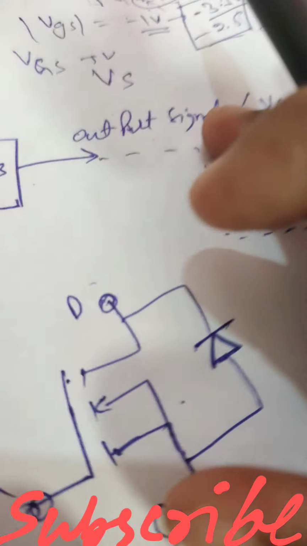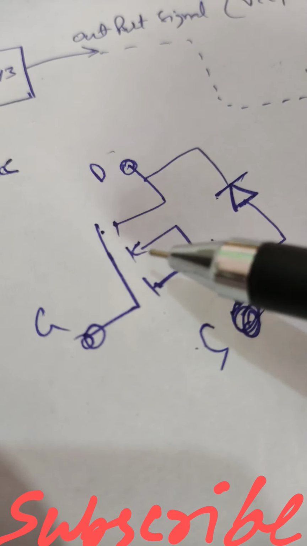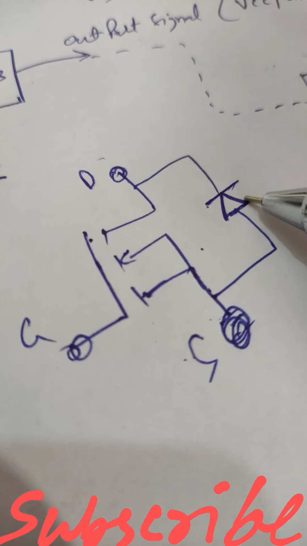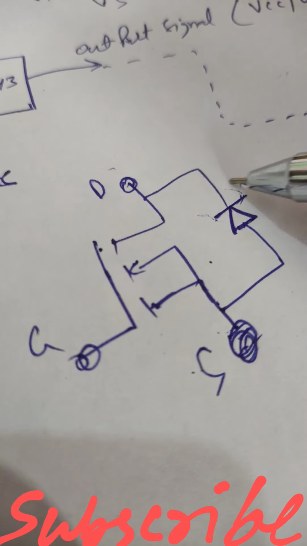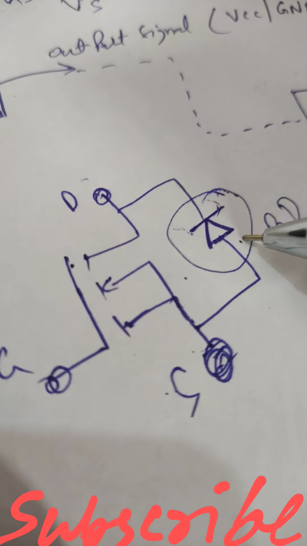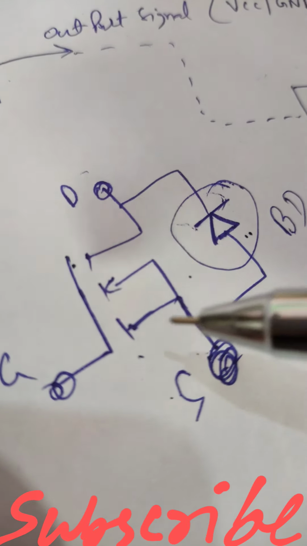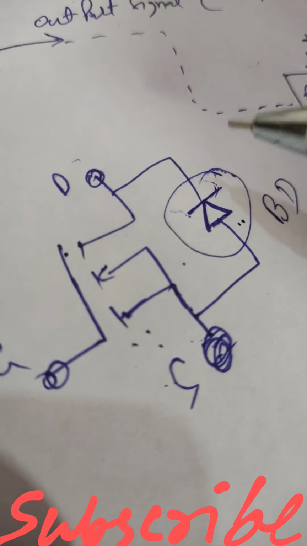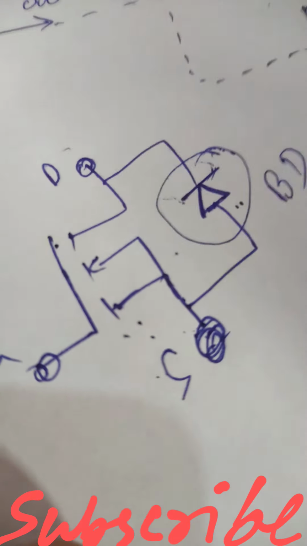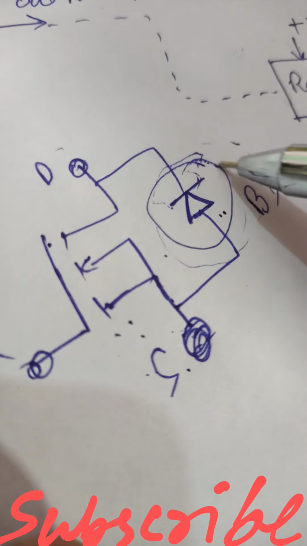Now the last thing I want to tell you about: practically, the symbol of this NMOS or PMOS has an additional diode, indicated in the datasheet also. This diode is called the body diode. It will decide how you will use the N or P. For example, for NMOS, if you want to use it as a switch, whether the ground is connected at drain or source is decided by this body diode.